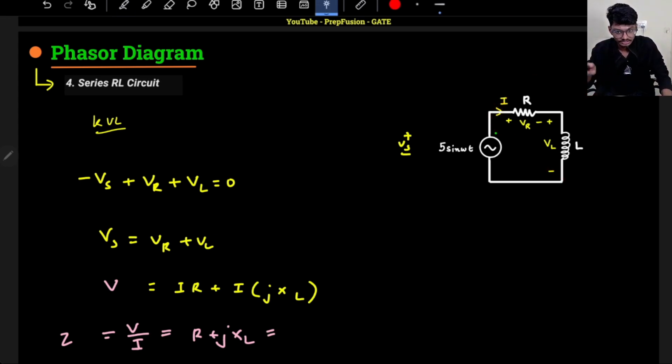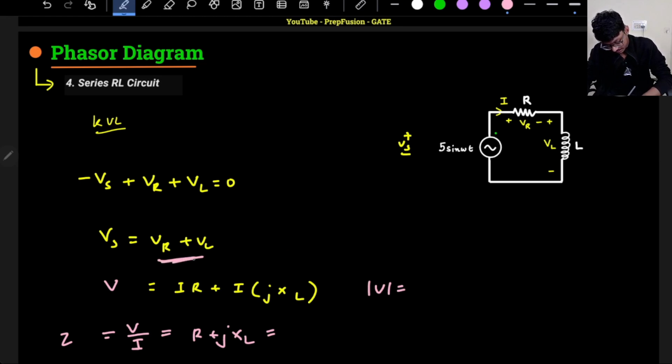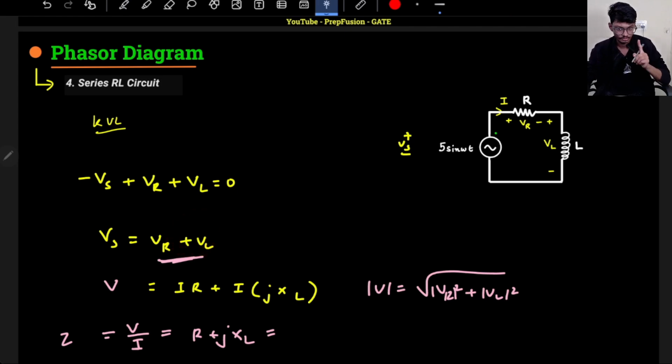That is established. Next thing is about the voltage. The magnitude of V should be equal to the magnitude of VR whole square plus magnitude of VL whole square. Why? Because both of these are with a phase shift of j, correct?